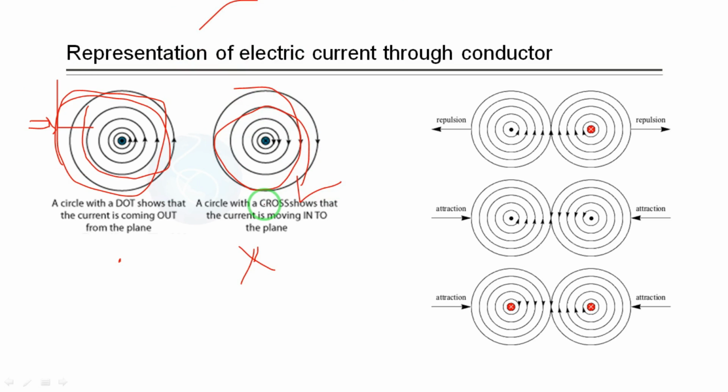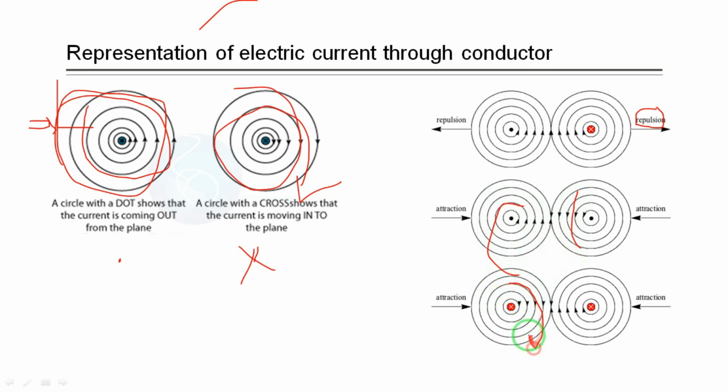When these two conductors are placed side by side, what happens we will see here. If the magnetic flux lines of the first conductor are anti-clockwise and the second conductor's are clockwise, then the magnetic field between the two conductors acts to repel each other. If both are in anti-clockwise direction, then these two conductors attract each other.